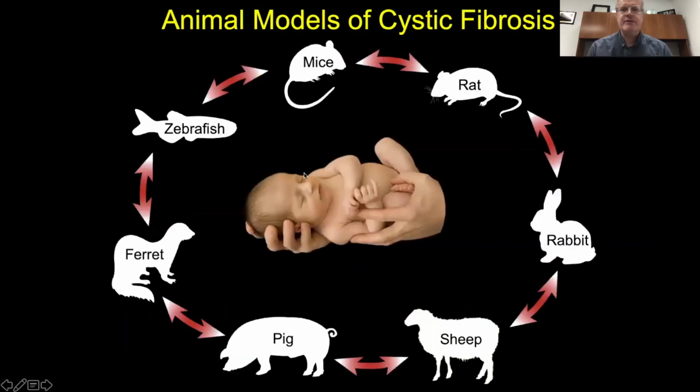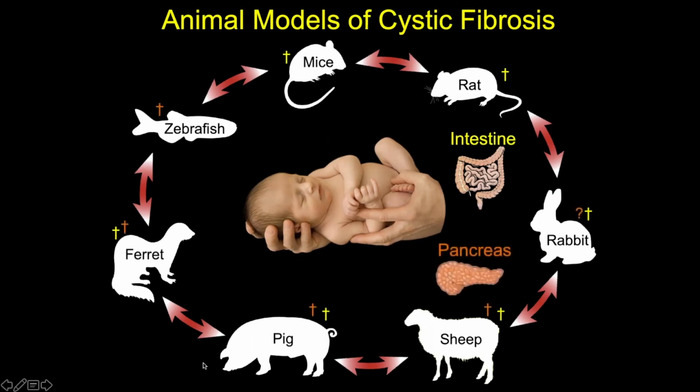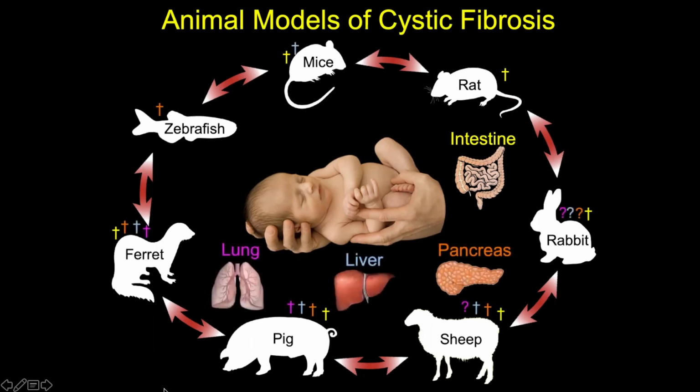We're lucky as a field to have 6 mammalian CF animal models to study cystic fibrosis. All of these contract intestinal disease, and they have very extensive pancreatic, liver, and lung disease.